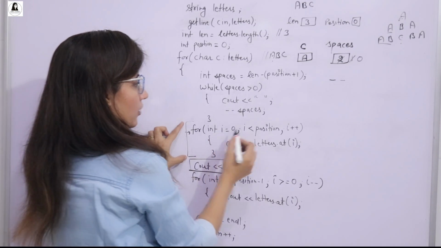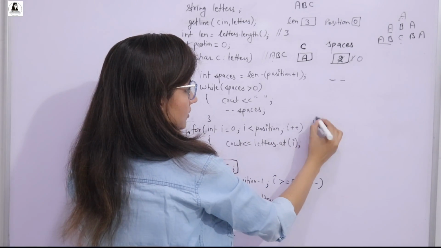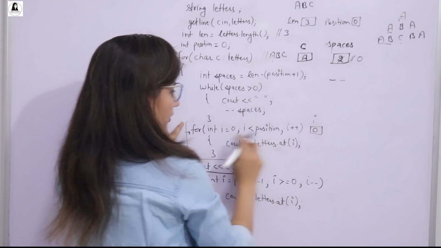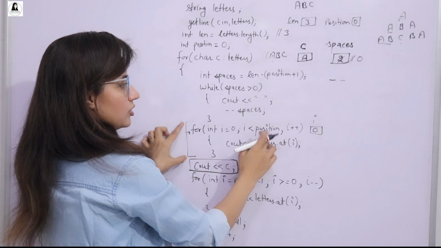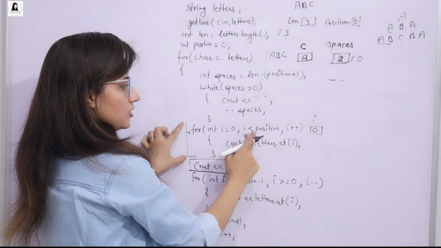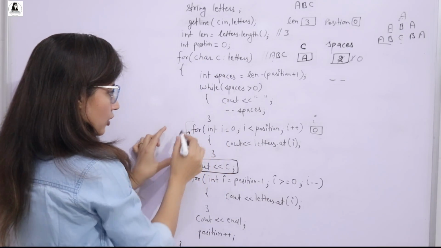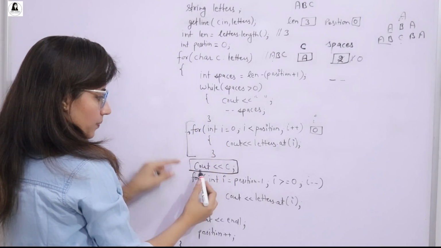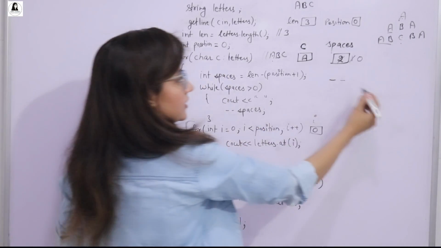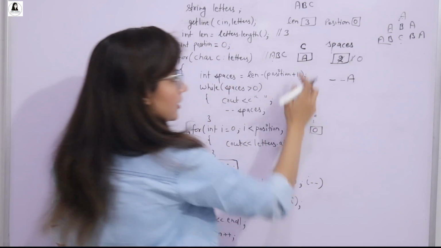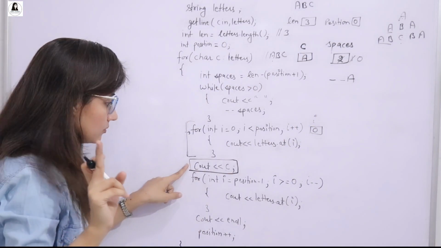Let's see. Now we have a variable i. In i we have 0 at first. Is i less than position, which is 0? Is this condition true? 0 less than 0 because position is 0. No. So we are out of this loop. Now see, out c. So first A would be printed because in c right now we have A. Right?